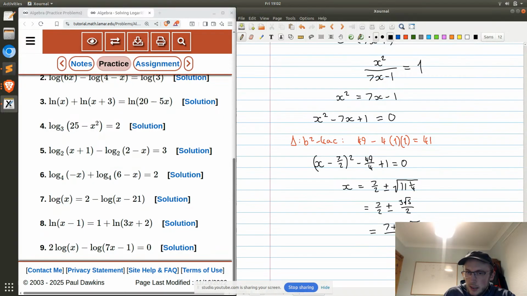But wait a minute, what happened to the minus sign? Well, what did happen to the minus sign? 3 times root 5. Let's calculate. 6.7. Wait, does this work?